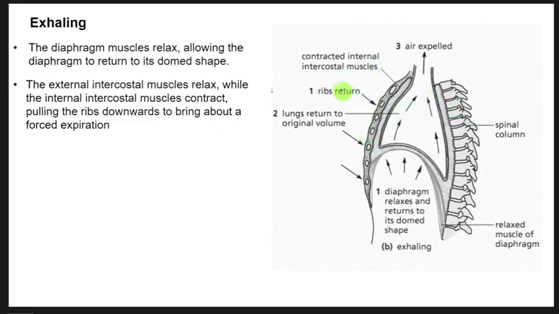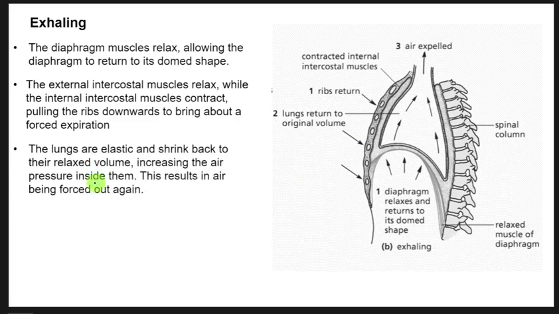The internal intercostal muscles contract inside, while the external intercostal muscles outside relax. This causes the rib cage to be pushed downward, and that forces the air out of the lungs.